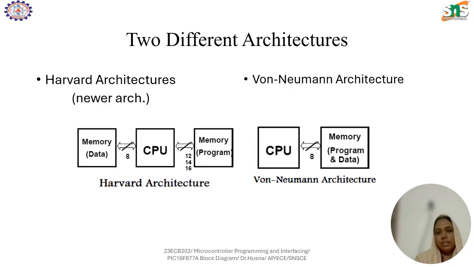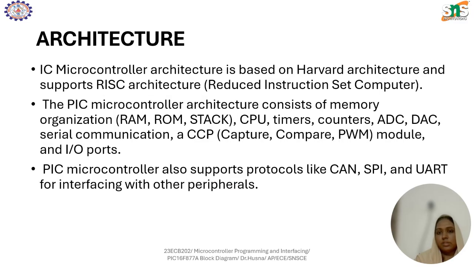On the other hand, the von Neumann architecture uses a single bus for both, creating a bottleneck. We have to use a single shared memory for transferring and receiving program memory and data memory.